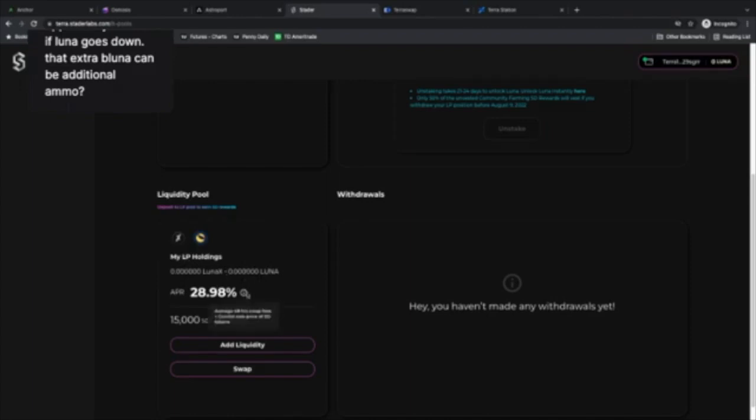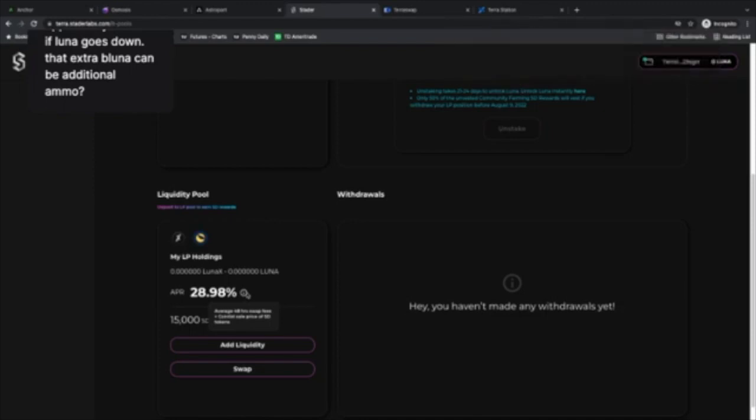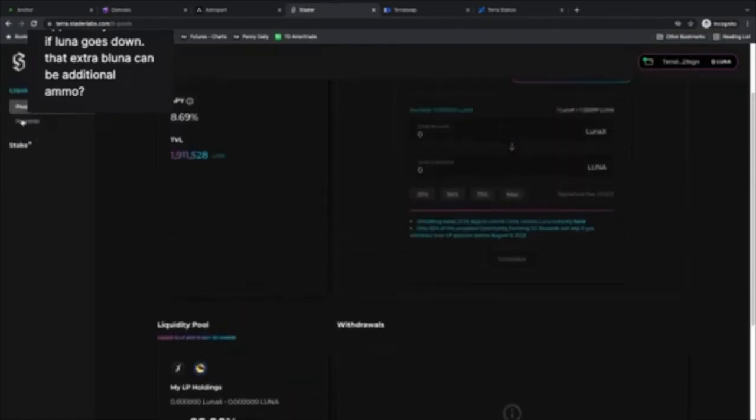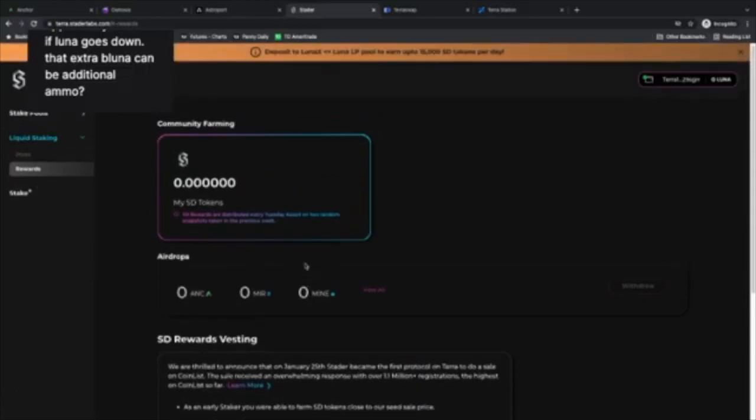So you are earning fees by being a liquidity provider on TerraSwap, but you're also getting SD rewards that you will see over in your rewards tab. And this is what we were talking about, where as your rewards accumulate, you'll get your SD tokens here, and your airdrops will all be provided to you right here, where you can withdraw them all at once. And that's what Sefi was saying before.